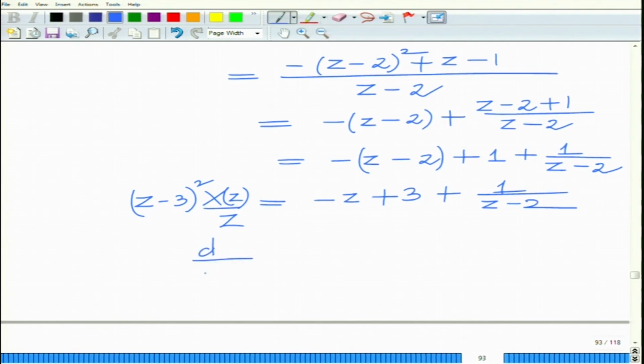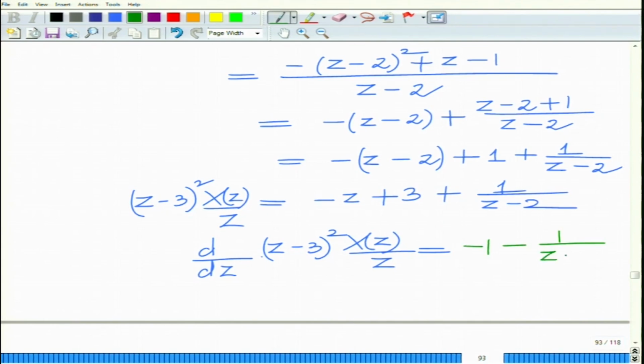Now, the derivative d over dz of this: the derivative of minus z is minus 1, the derivative of 3 is 0, and then minus 1 over z minus 2 whole square.